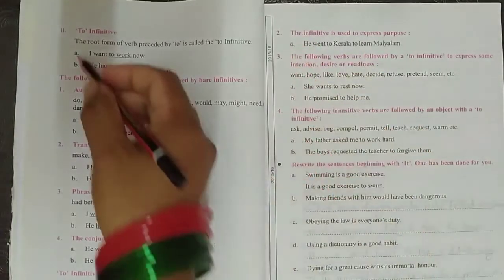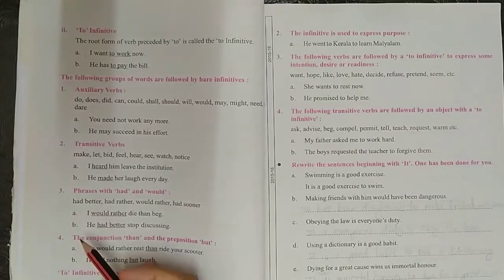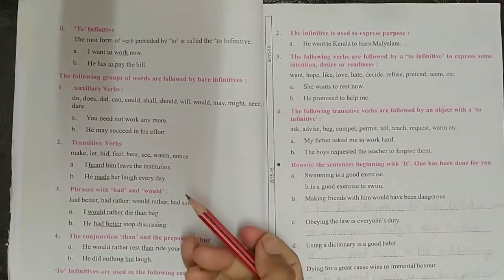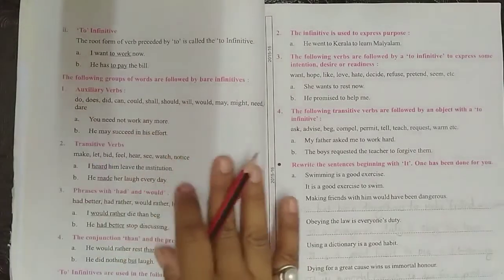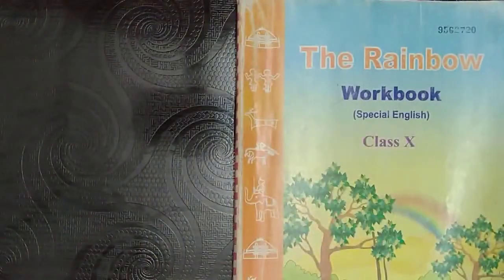So these are the basic steps of how we use the non-finite verbs. This is all given in your English workbook, the Rainbow.